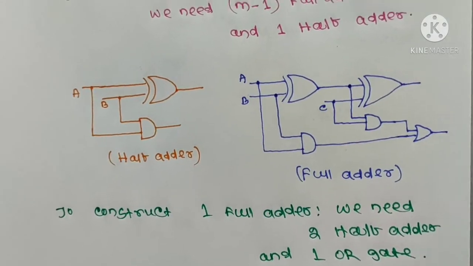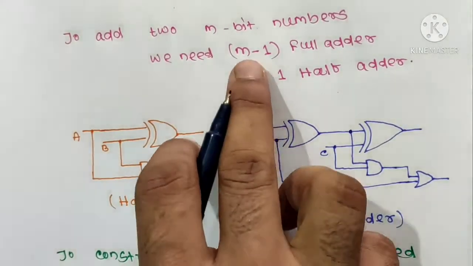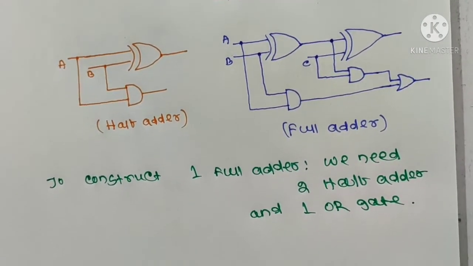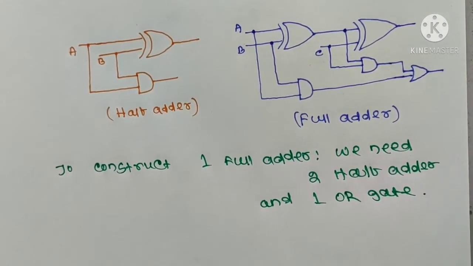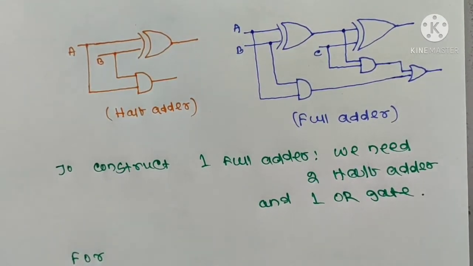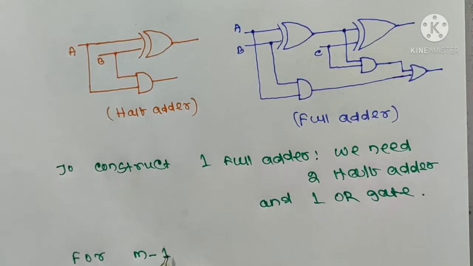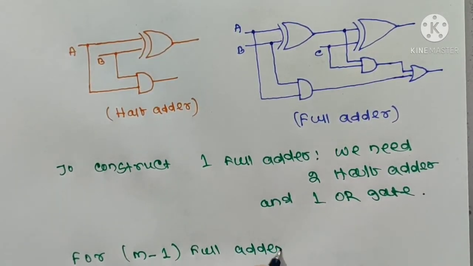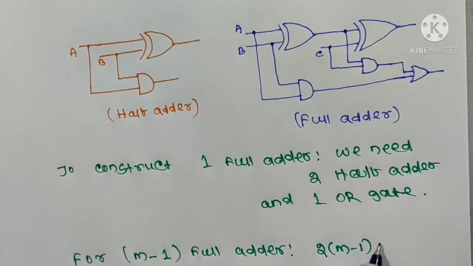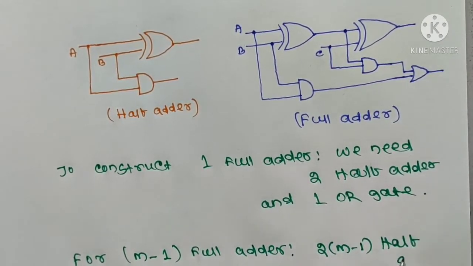So to construct m minus 1 full adders, we need 2 times m minus 1 half adders.